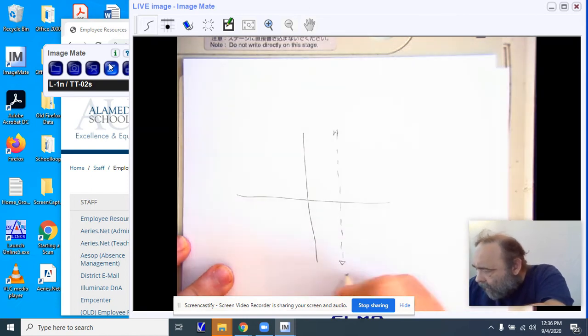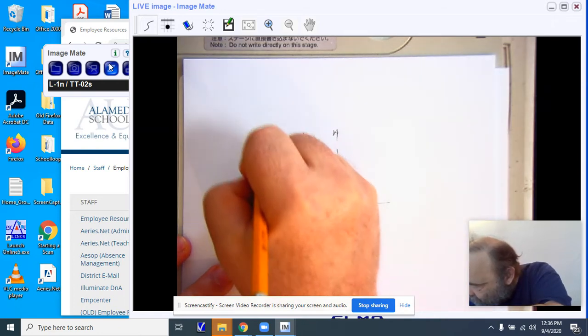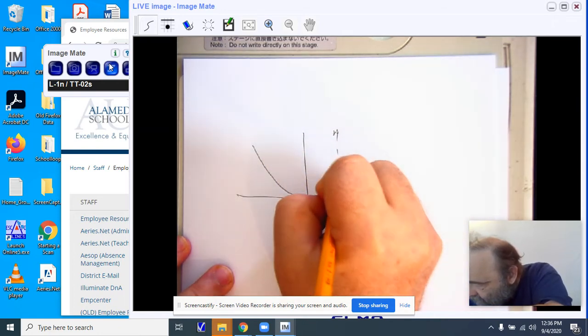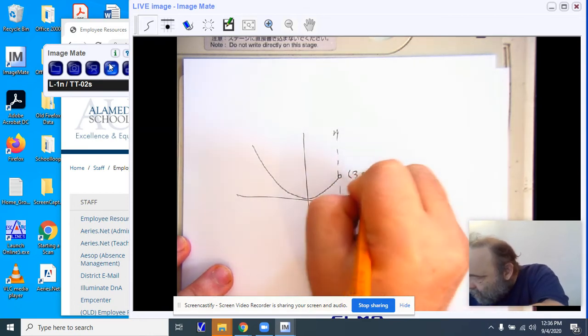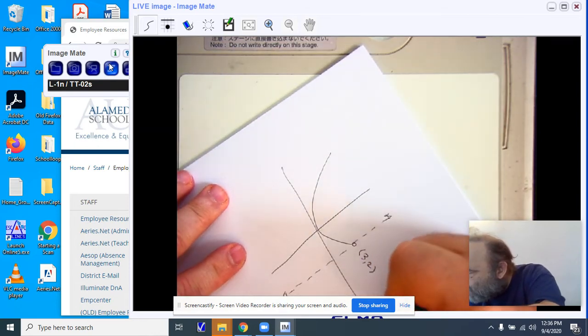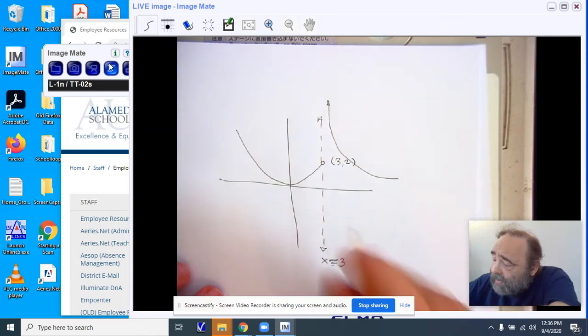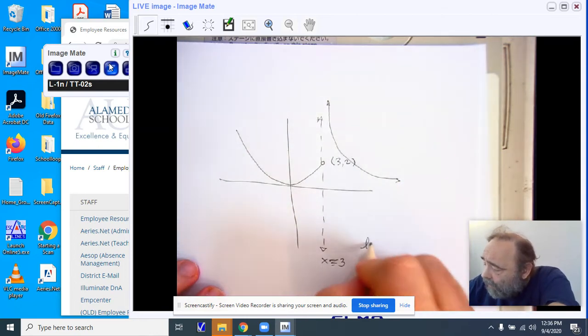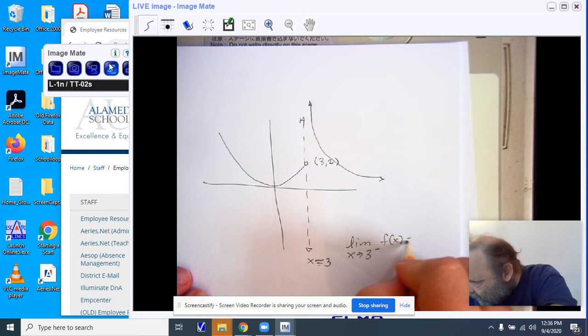Once again, let's go ahead and approach x equals 3. On this side, I'm going to use a parabola, and the parabola is going to intersect this asymptote at 3, 2. And on the other side, I have the curve, and the curve is just going to go toward infinity. So in this situation, if I'm looking for the limit as x approaches 3 from the left for this function, my answer is the 2.